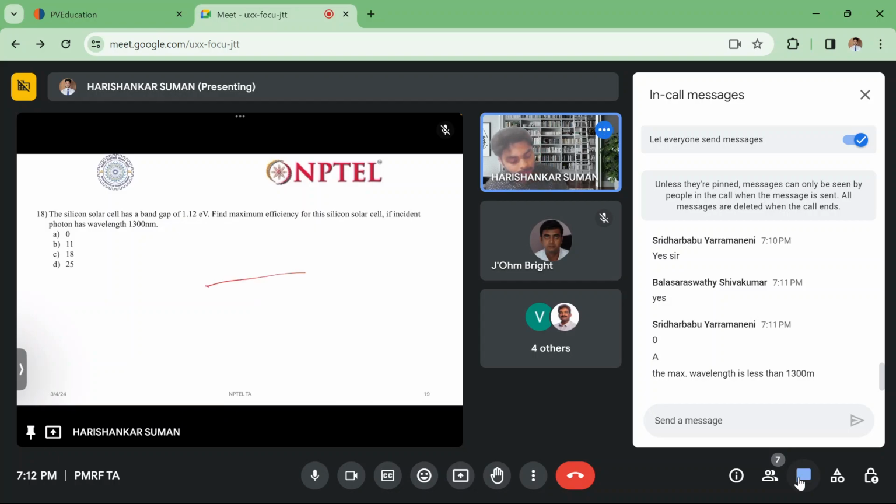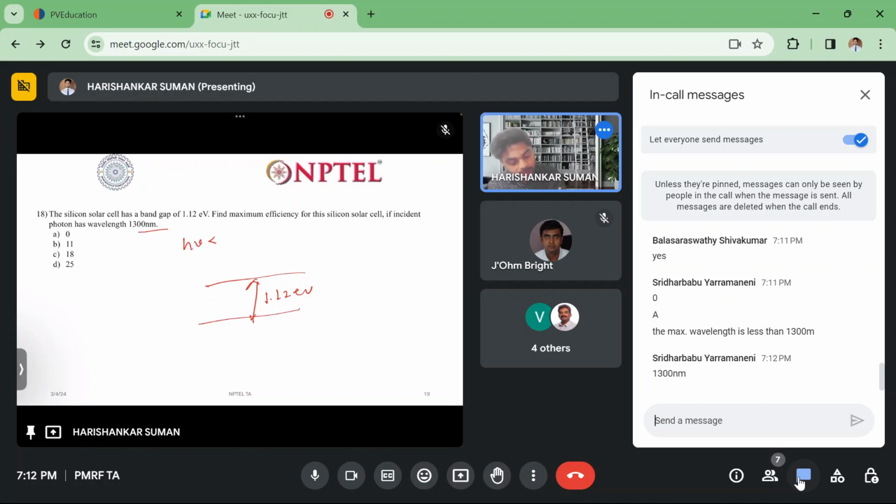So our material has band gap 1.12 eV and the incident light h nu has less energy compared to 1.12 eV. So our solar cell cannot absorb.